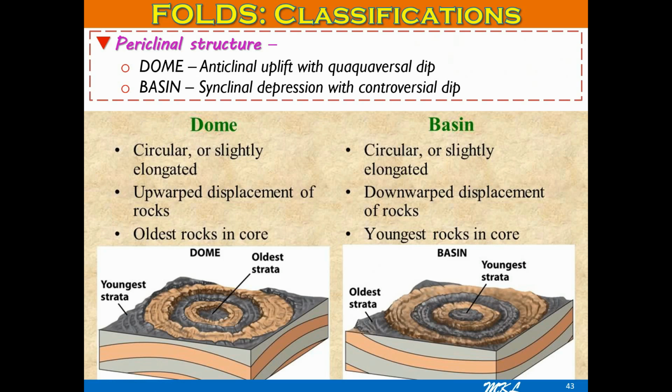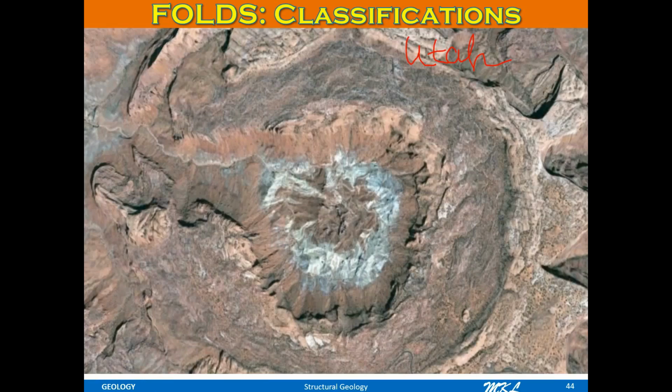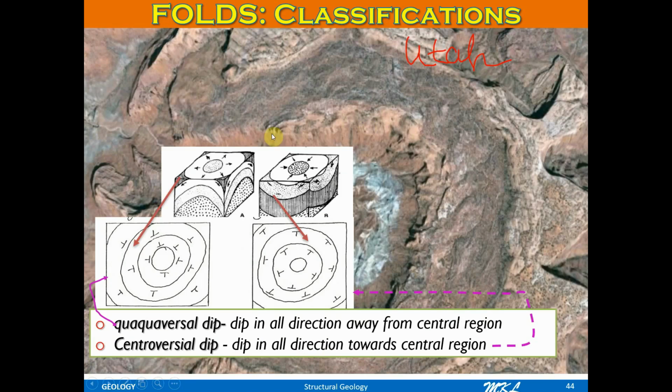If you do structural mapping of a mound-like or hill structure, from the center, the dipping will be away from the center. It's called the quaquaversal dip.